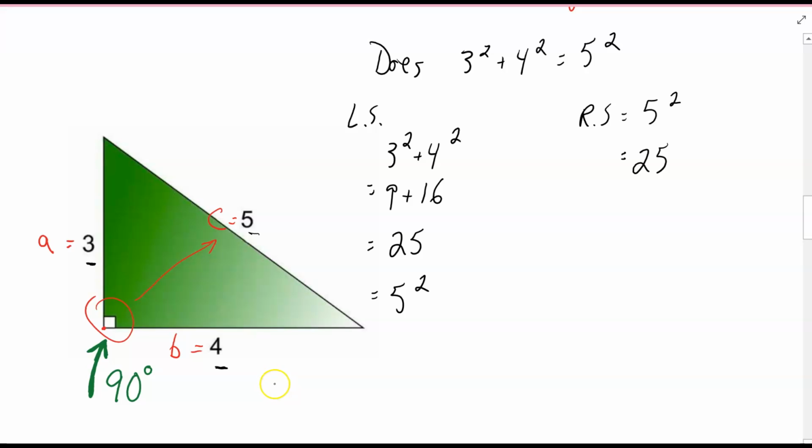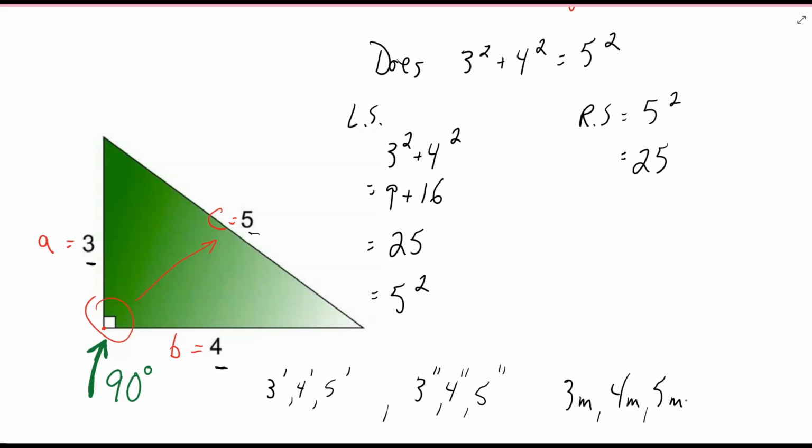If this was 3 feet and 4 feet and 5 feet, it could be 3 inches, 4 inches, 5 inches, 3 meters, 4 meters, 5 meters, any unit. It could be 3 of my foot length, 4 of my foot length, 5 of my foot length. All right, as long as the unit remains the same, the relationship will stay true.